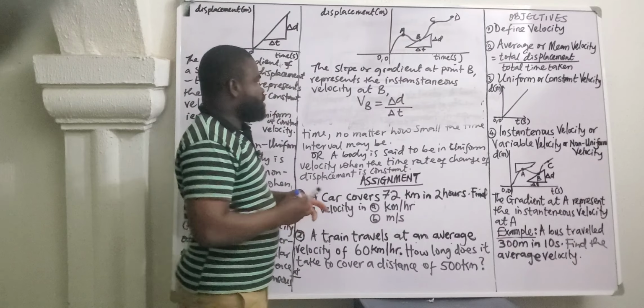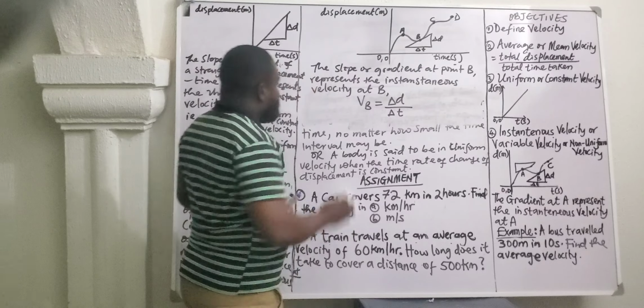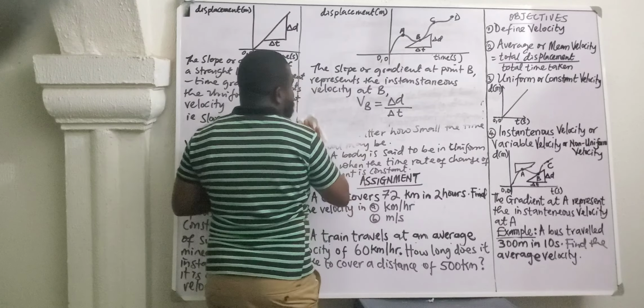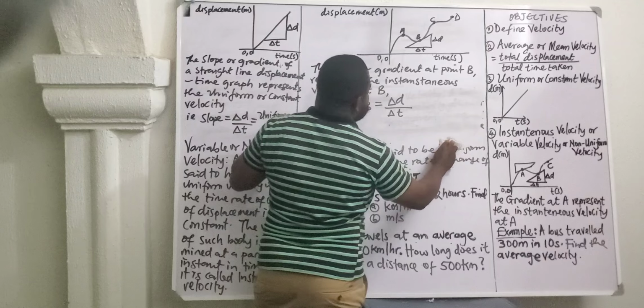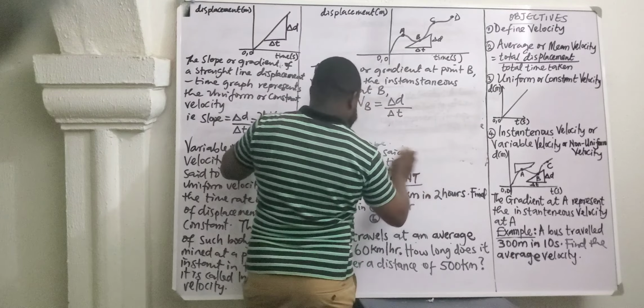That will give us the instantaneous velocity at point B. That can be applied for each of the other points, point A, point C, point D.